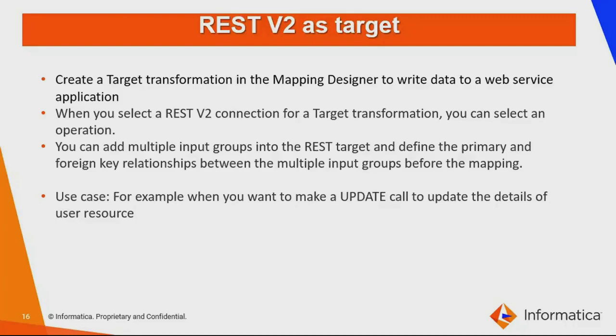Based on the information provided in the Swagger, the values for the request and response fields would be populated. You can then add multiple input groups into the REST target and define primary and foreign key relationships between the multiple input groups before the mapping.